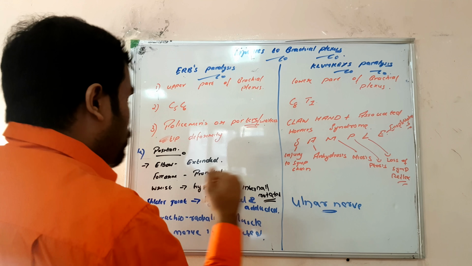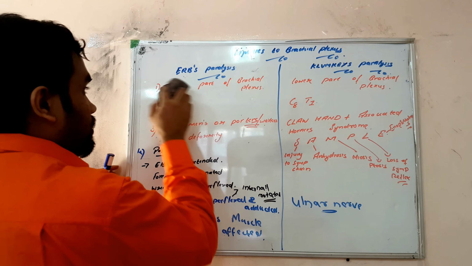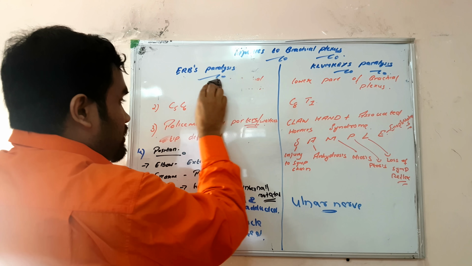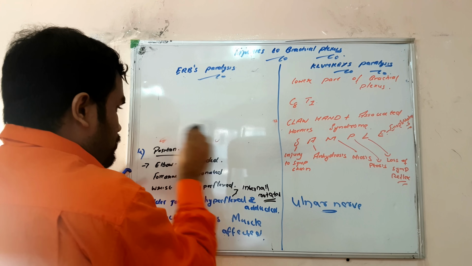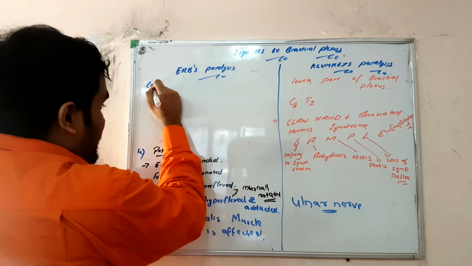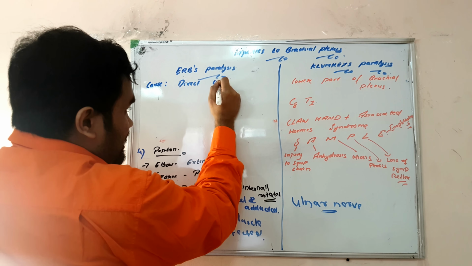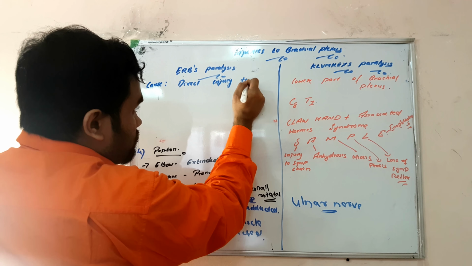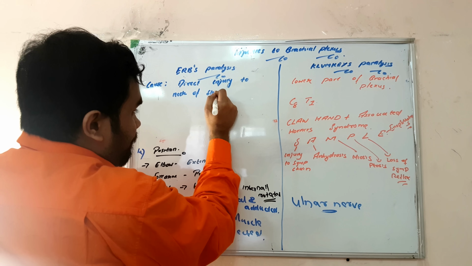Now they will ask you the cause. If they ask you the cause, in Erb's paralysis, this is very important. The cause is direct injury to the neck and shoulder.